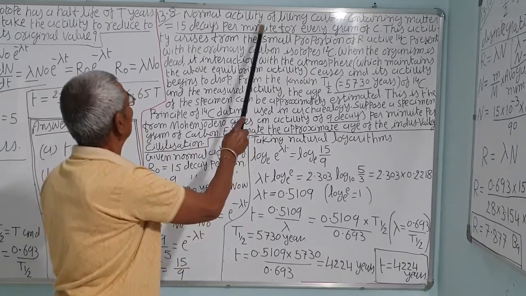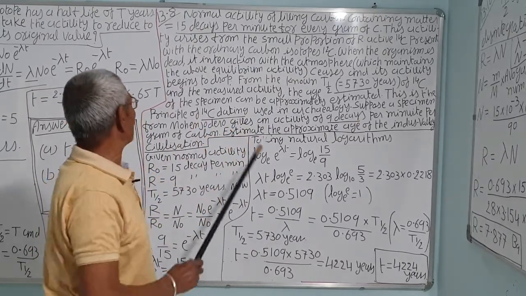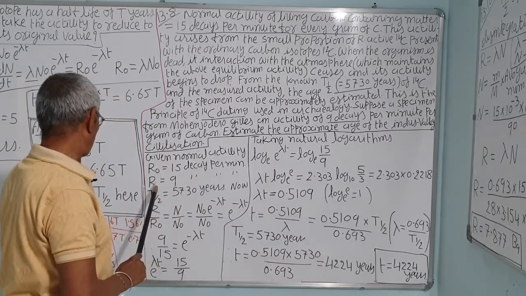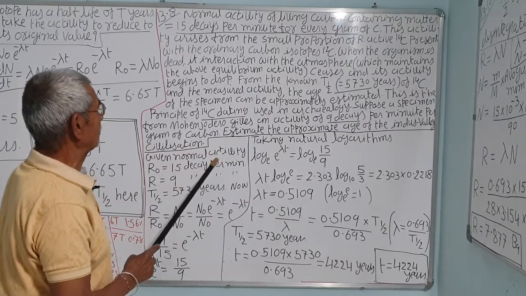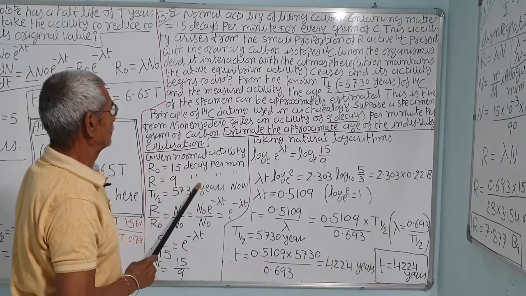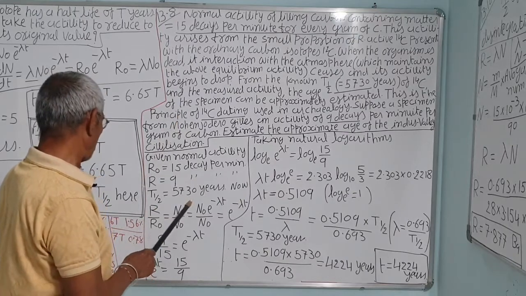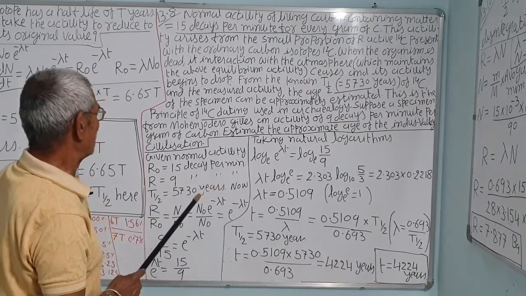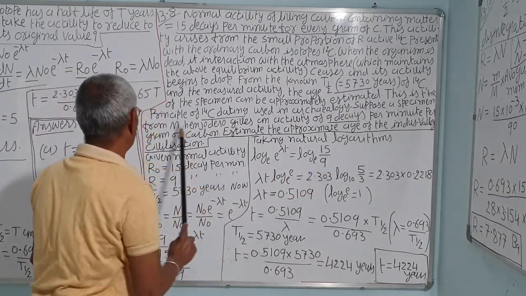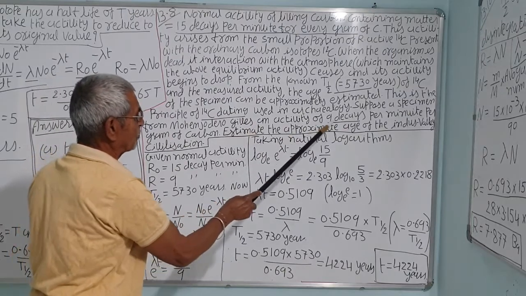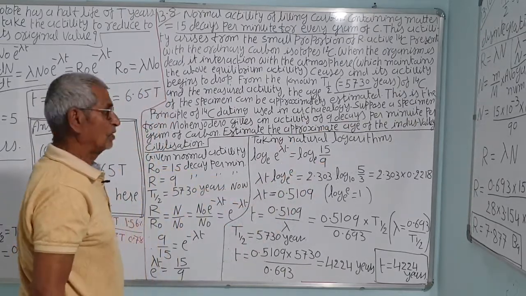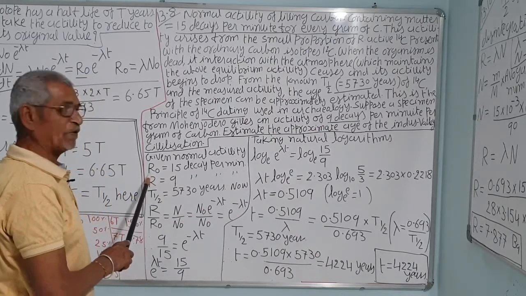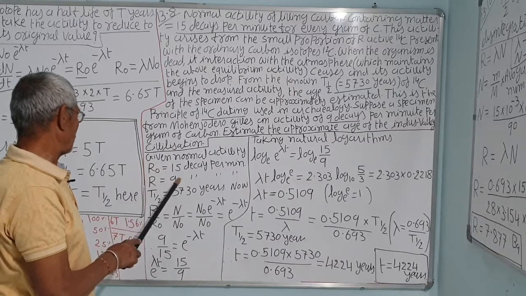Now, the normal activity is 15, but once dead it drops. So the activity R is 9 decays per minute per gram, as given. At time 0, when the civilization started, R0 was 15.